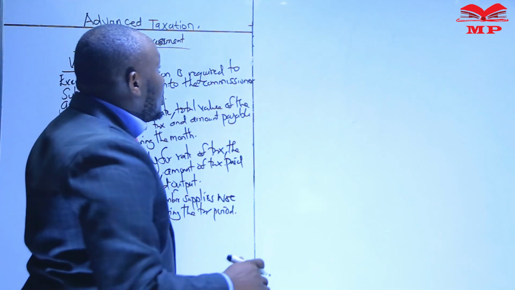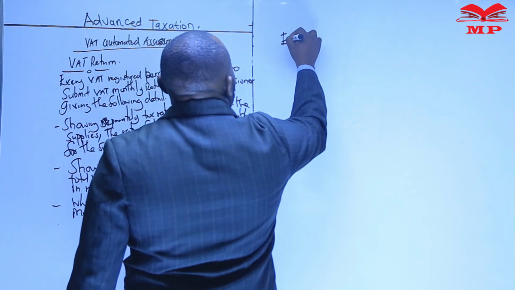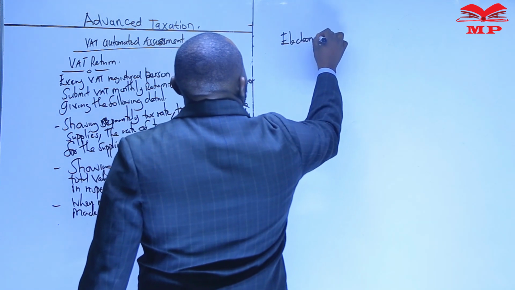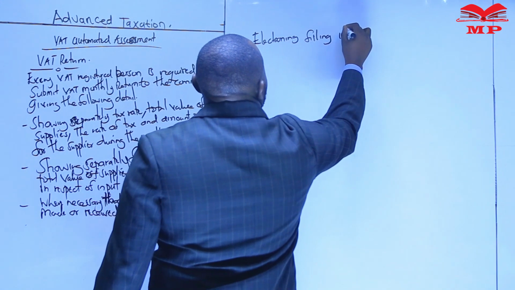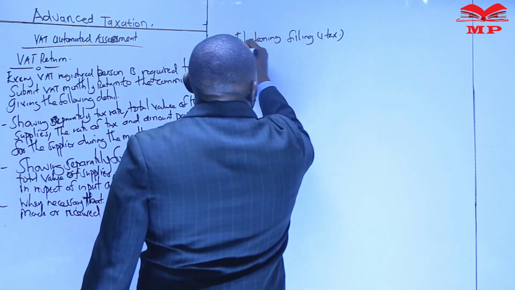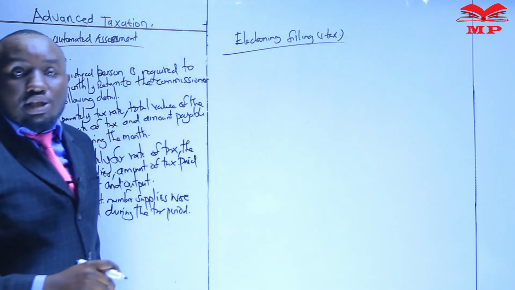Then what happens on this information? We have what we call electronic filing, and that is the iTax. This return is done on electronic filing.